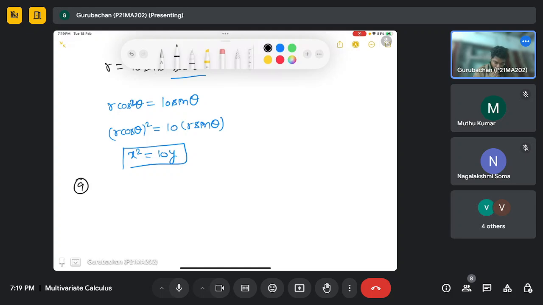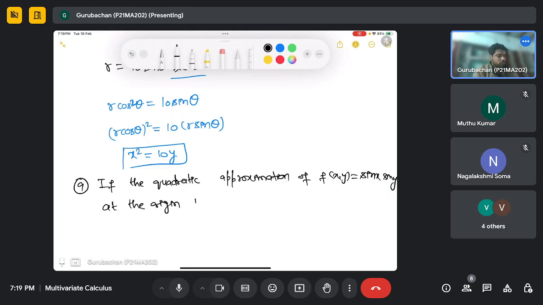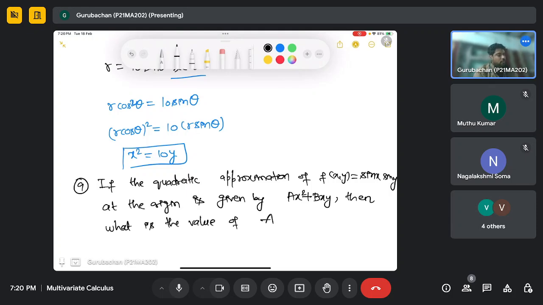Question number 9. If the quadratic approximation of f(x,y) is equal to sin x into sin y at the origin is given by ax square plus bxy, then what is the value of a plus b?